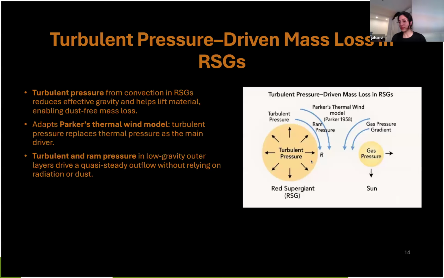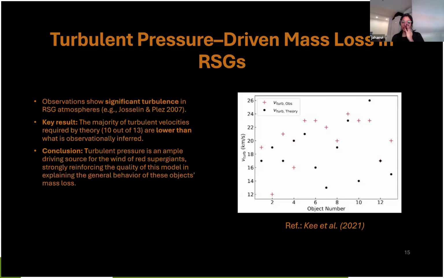So the turbulent pressure and the ram pressure, which is due to the convection here, can drive the mass loss without relying on the radiation or the dust. And this is something that is also shown by Key in one of his papers.